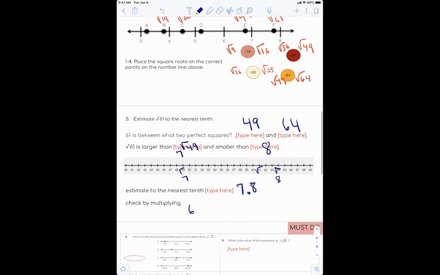You should get an answer of 60 and 84/100ths, which is pretty darn close to 61. So this is a good estimate. If my estimate was off, I'd base that first multiplication on deciding whether I have to go up or down on my guess.